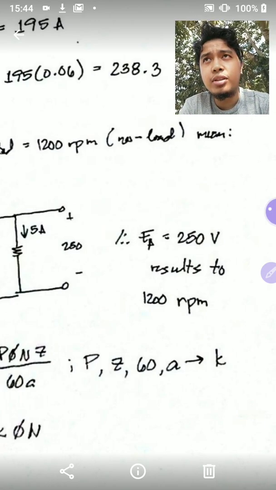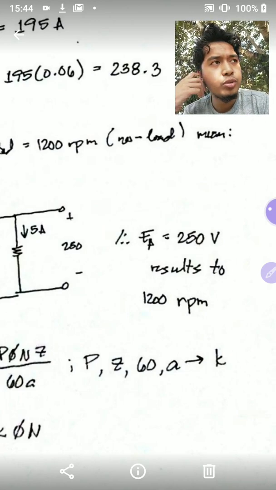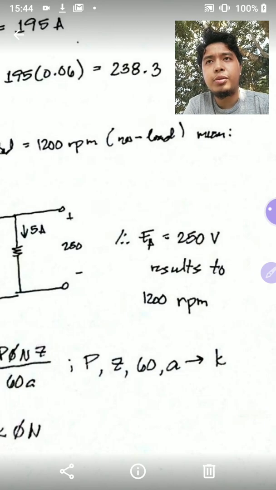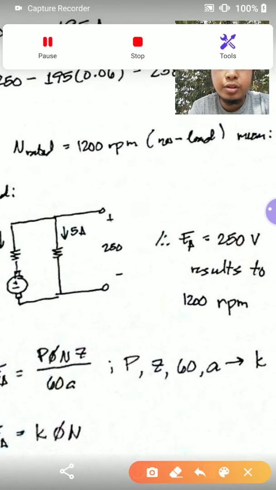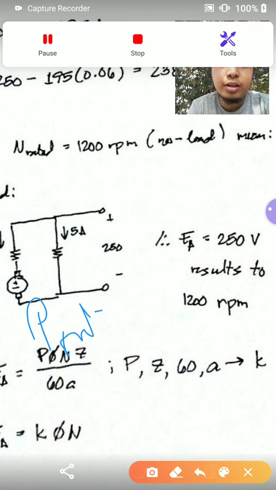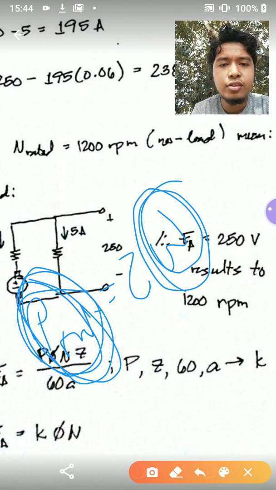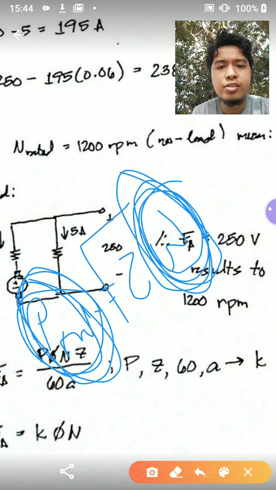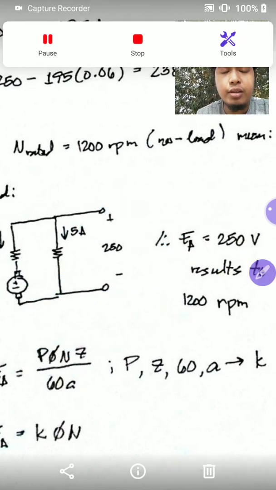That just tells you that if the motor is not loaded, then it is running at 1200 rpm. Of course, your power output is torque times omega. So if this is 0, it doesn't necessarily mean that the omega is 0. It just tells you that you have a torque of 0.